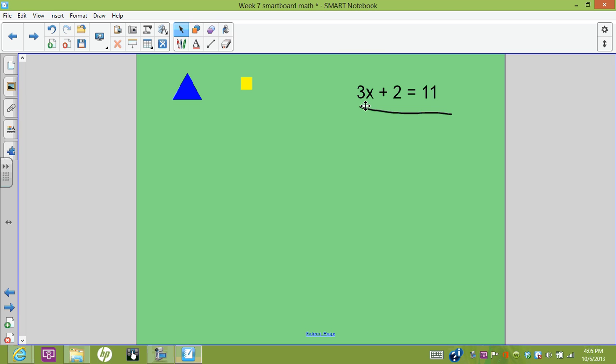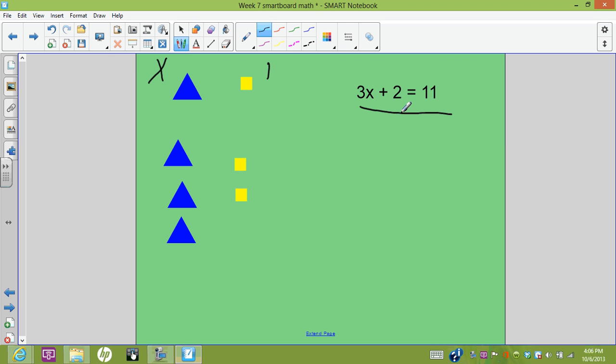So I have 3x plus 2 equals 11. I'm going to use my triangles to represent my x and my little squares to represent one whole. Okay? So if I have 3x, I'm going to have 1, 2, 3 x's. And then how many little whole values do I have? I have 1, 2. So this represents 3x plus 2.